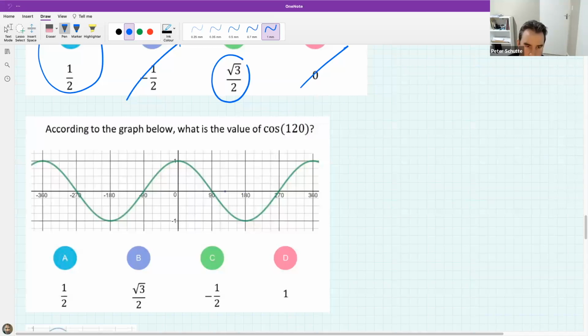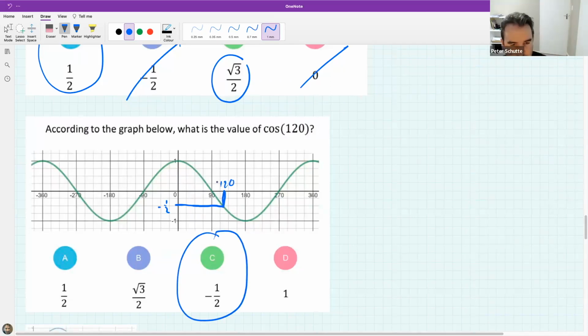So if we look here, where would 120 be? 120 would be about over here. And that lines up with -1/2. And so the correct answer is going to be, because it's going to be negative, C.